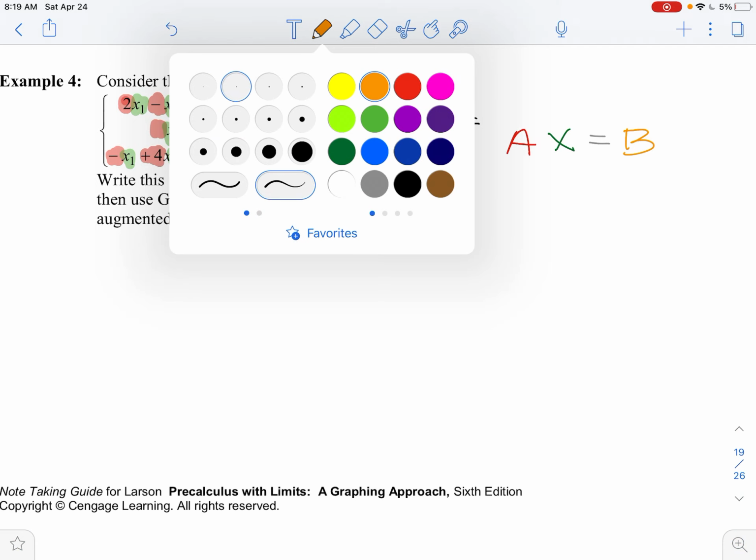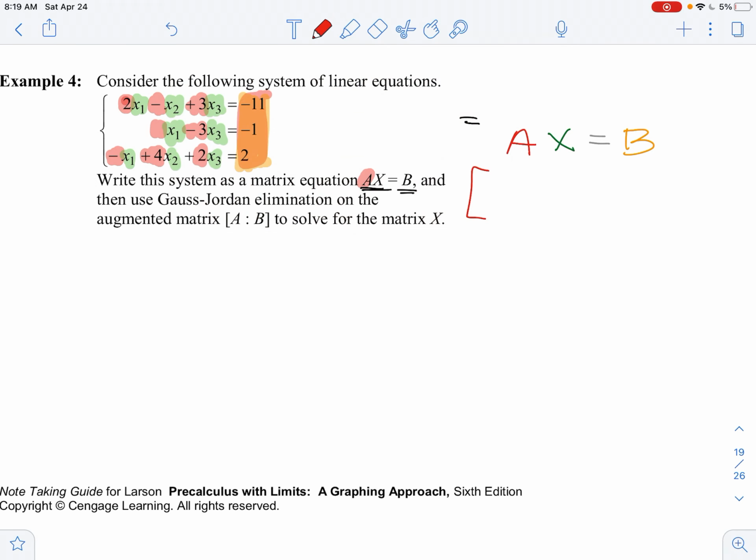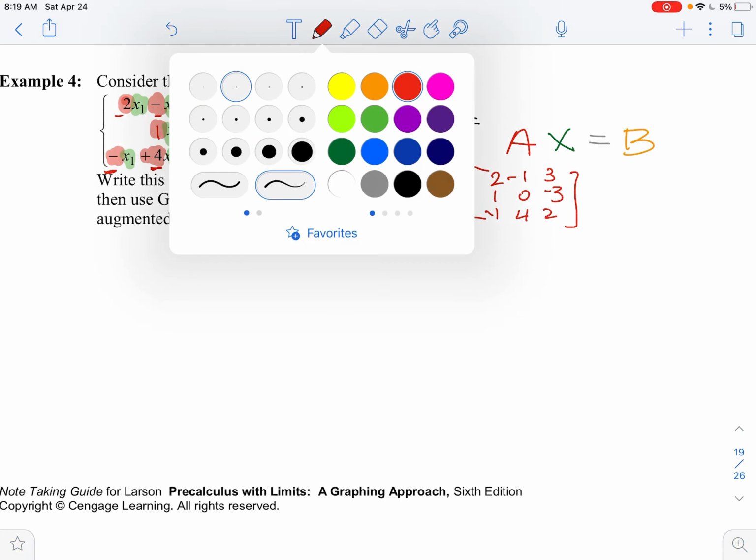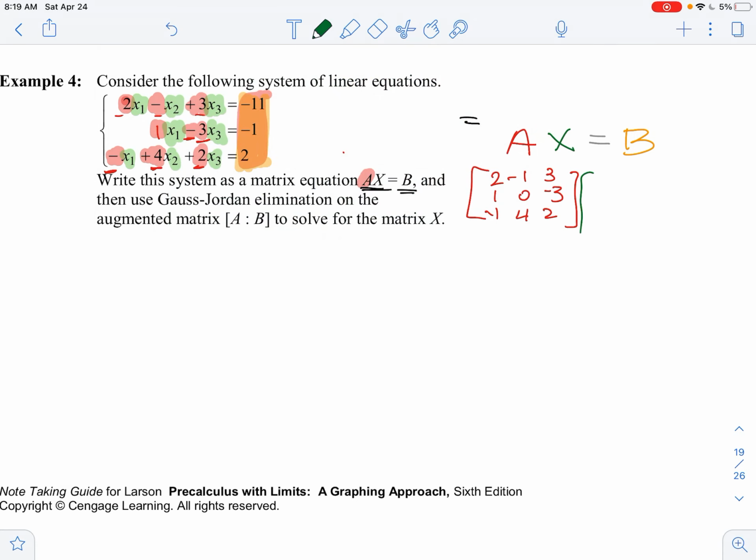So let's spell that out. Okay, what is matrix A? Matrix A is 2, -1, 3. 1, there's no X term here, so that's 0. So 1, 0, -3, -1, 4, 2. And then the X matrix is going to be x1, x2, x3.